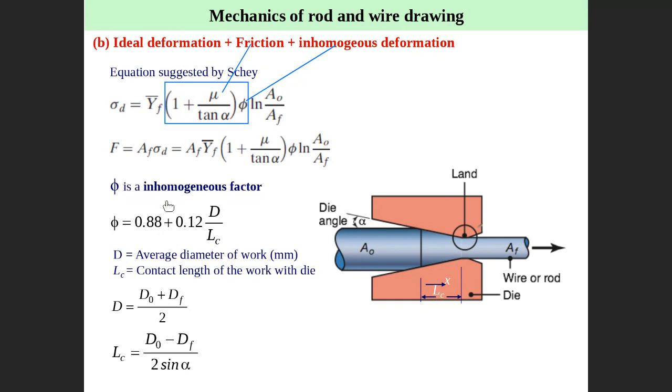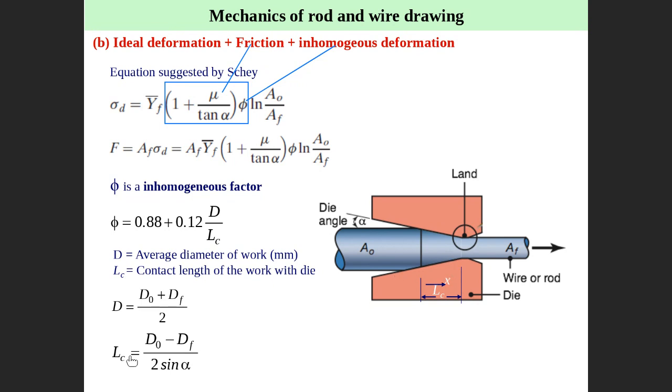What is phi? Phi is the inhomogeneous factor. They experimentally obtained it as 0.88 plus 0.12 d divided by LC. What is d? d is the average diameter of the work, (do plus df) divided by 2, and LC is the contact length.